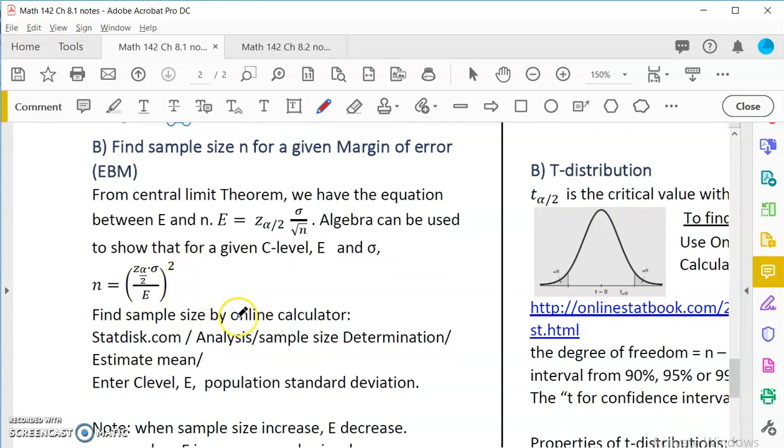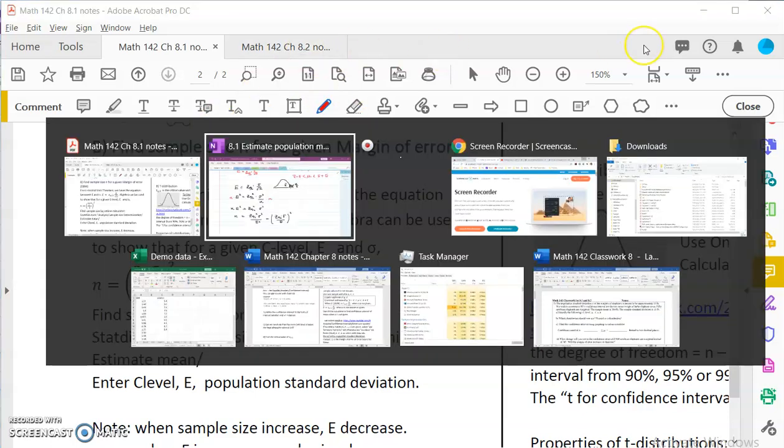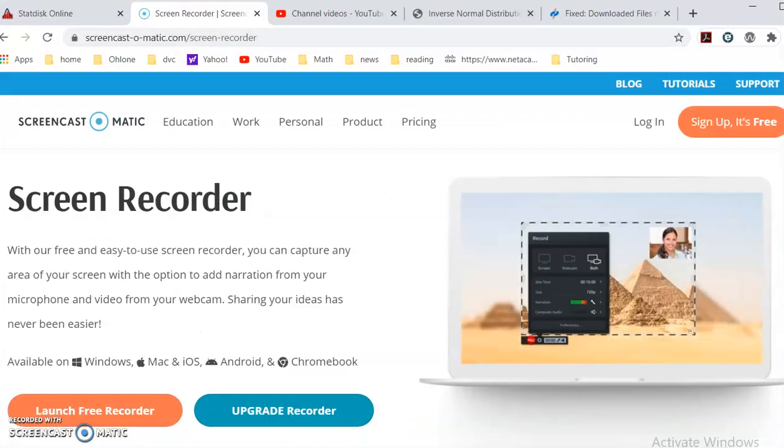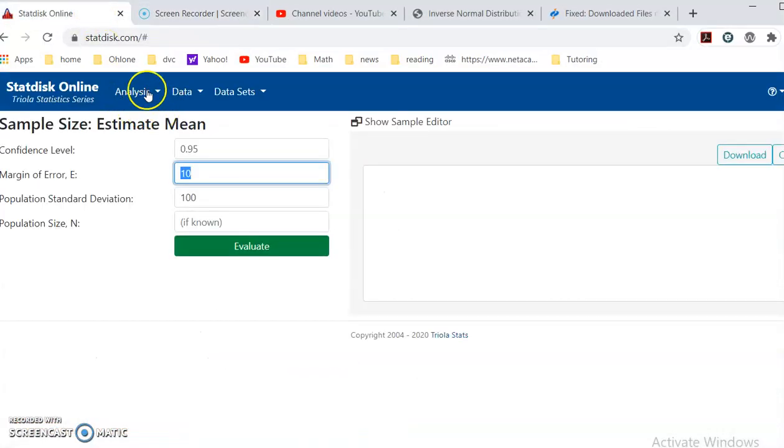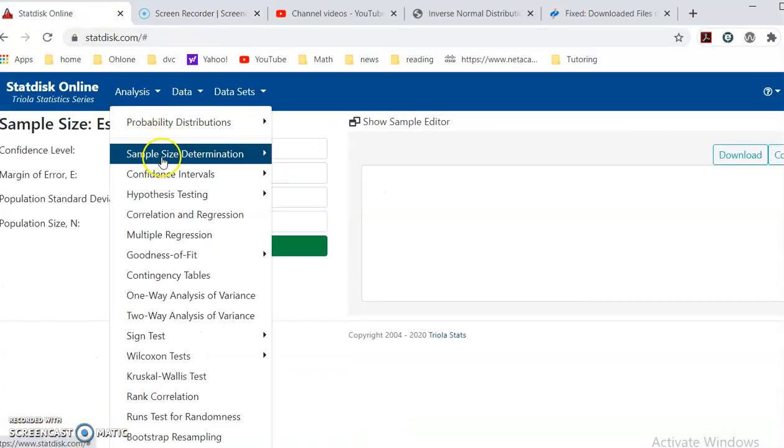But we don't have to do this by hand. The online graphing calculator actually does it for us. If you go to StatDisk, you go to Analysis. The first analysis is sample size determination.